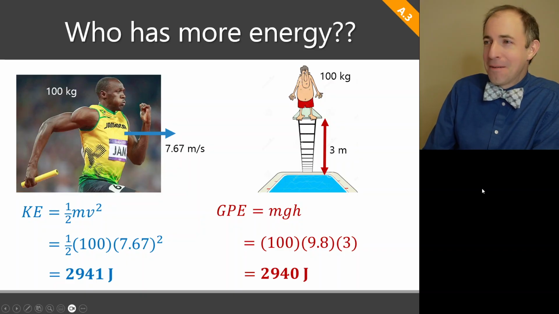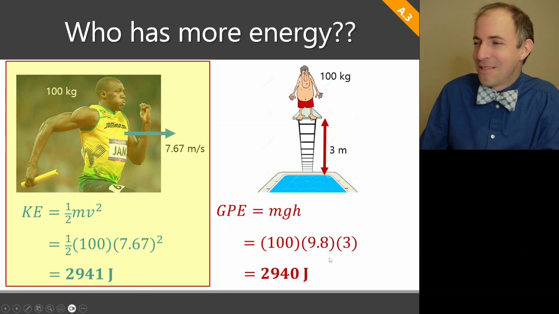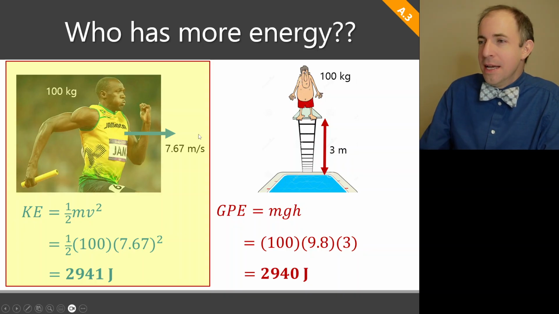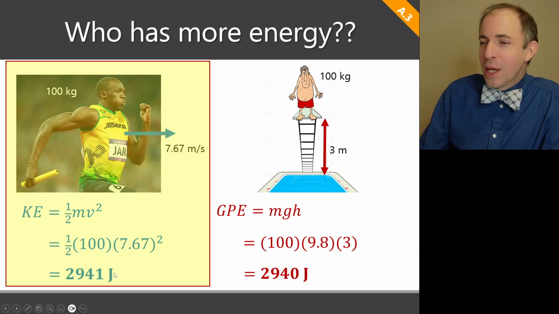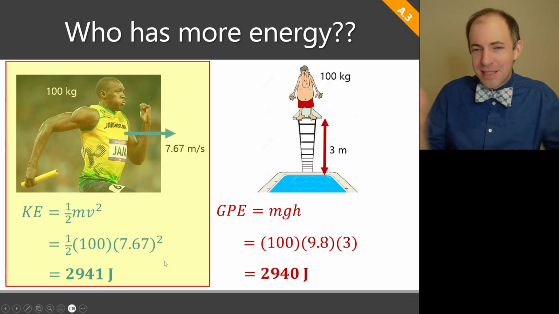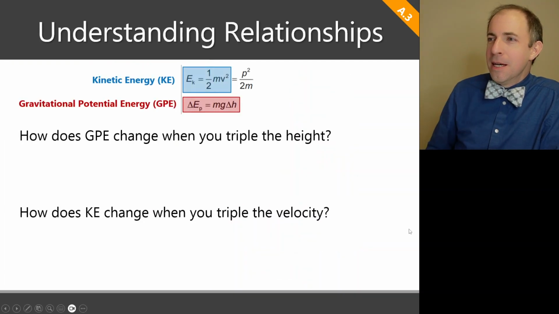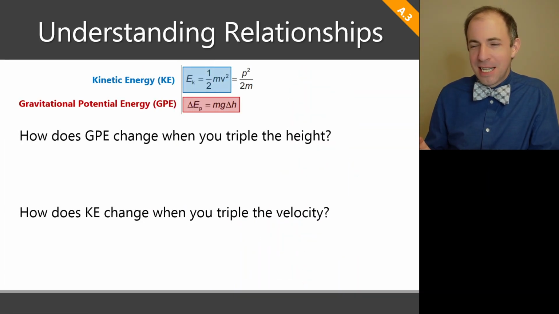You'll notice that they are about exactly the same. Usain Bolt technically has more, but it's kind of rounding based on the value of gravity that we are using here. So the important thing is we can compare very different types of energy, and those types of energy will convert one to another as we are going through. So it is important that we can understand some relationships.